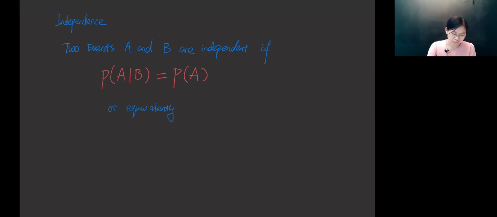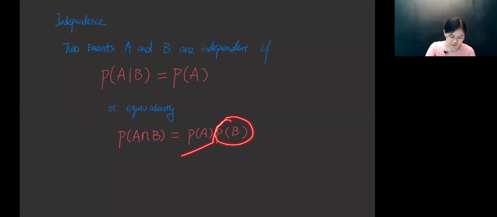Using the conditional probability formula, this definition of independence can be equivalently written as P of A intersection B equals P of A times P of B. These two are equivalent, which is easy to see by moving P of B over to the other side.